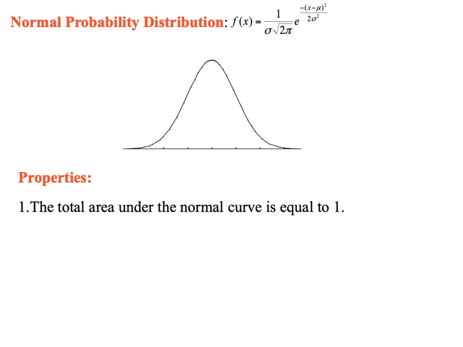There are some important characteristics about this normal distribution that we should be aware of. One is that the total area under a normal curve is equal to 1. The reason for this is since we're looking at a probability distribution, and we're going to say that this probability distribution behaves normally, we know from our rules of probability that all probabilities add up to 1.